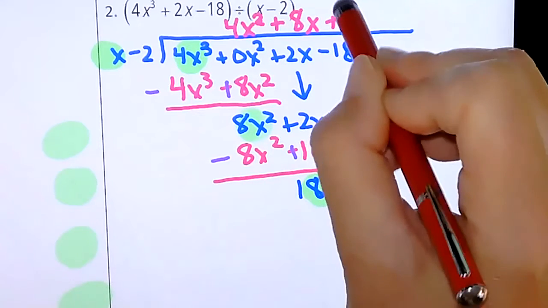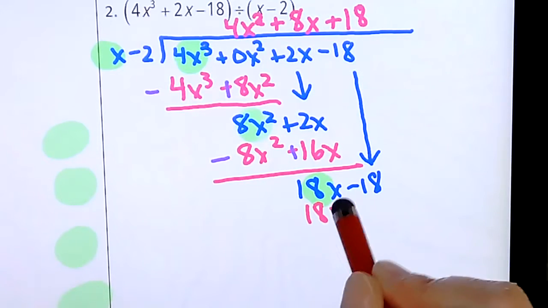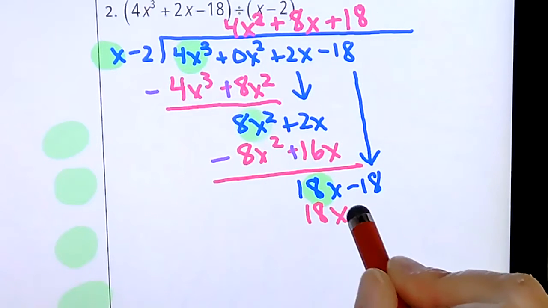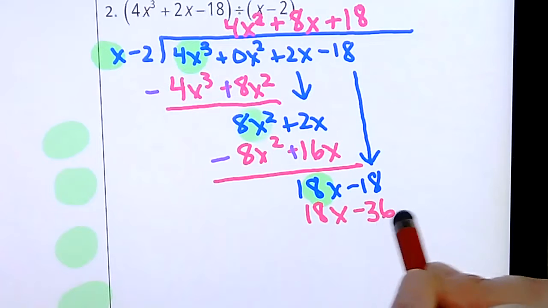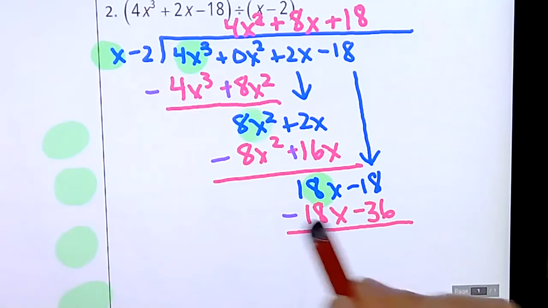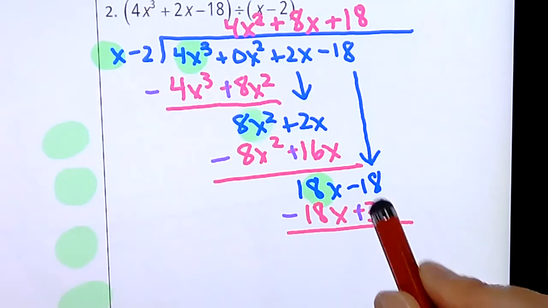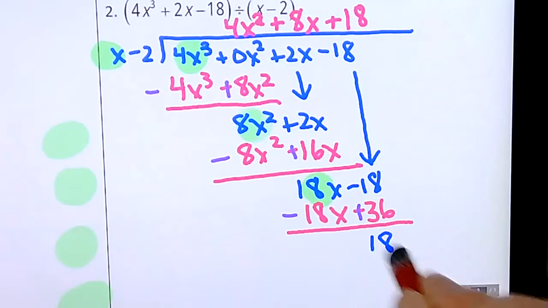So I'm going to go plus 18. And so 18 times x is 18x. 18 times a negative 2 is a negative 36. And again, I'm going to minus, so this becomes a negative, this becomes a positive. And when I do that math, negative 18 plus 36 is 18.